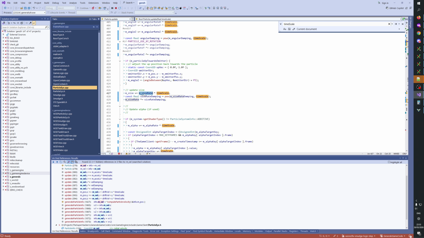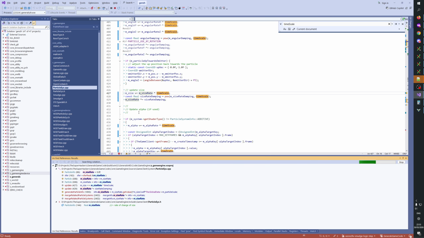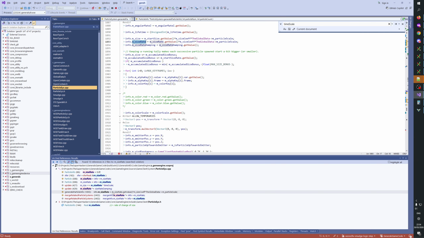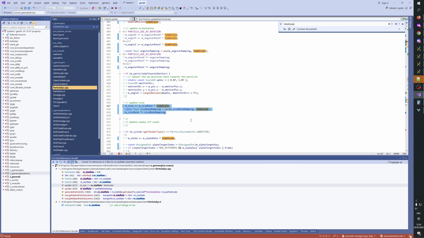Size rate, size rate, size rate. Let me check size rate. To me, the size rate looks okay here.